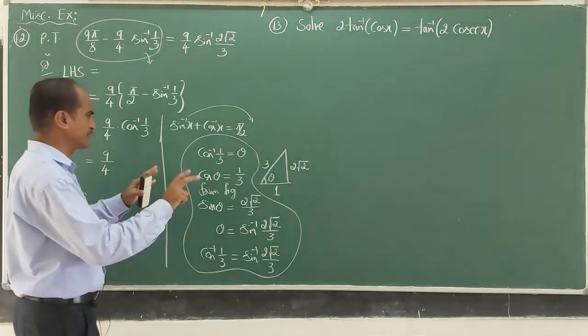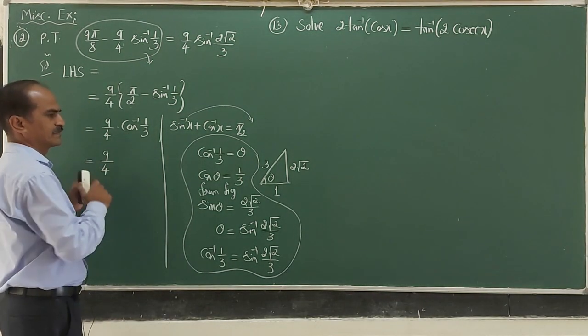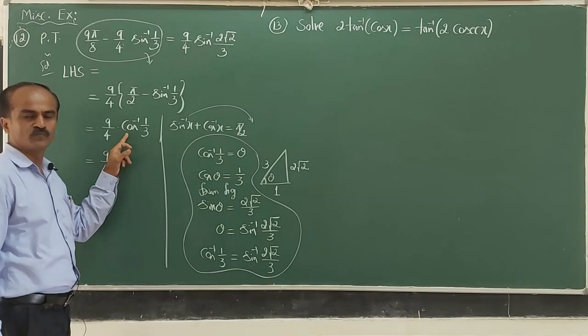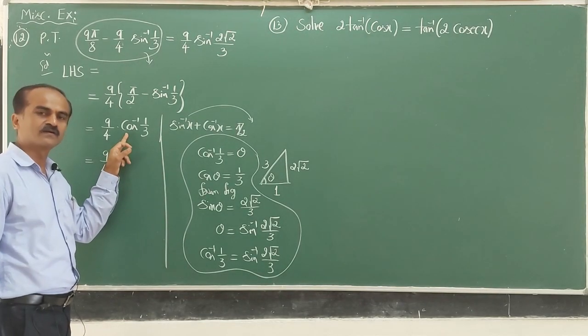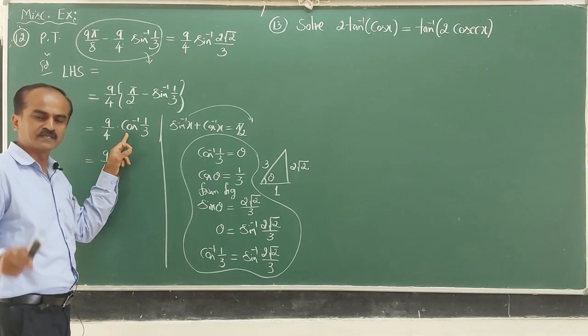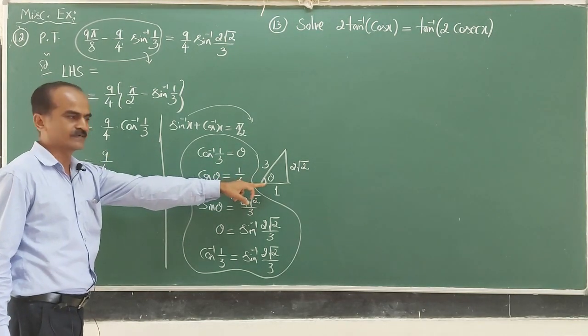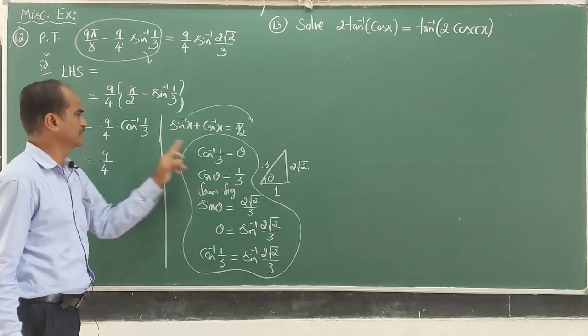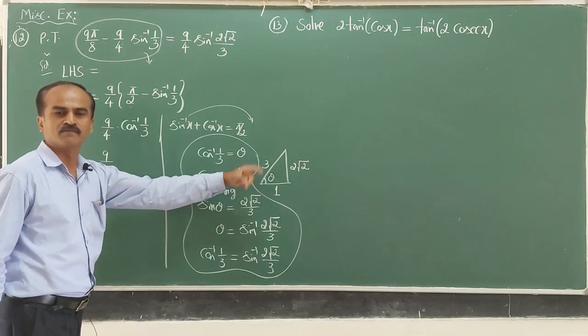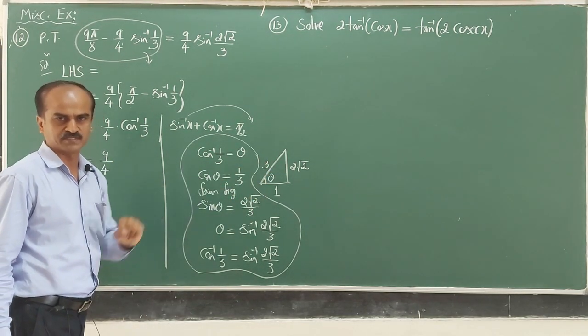Look here, in this case, cos inverse of 1 by 3. We assume this as theta, then cos theta equal to 1 by 3, nothing but adjacent by hypotenuse. Draw the right angle triangle directly, mark adjacent as 1, hypotenuse as 3. Find the missing side. It is opposite.